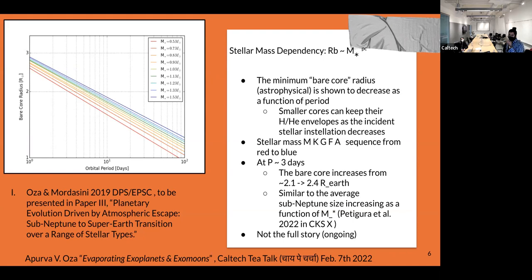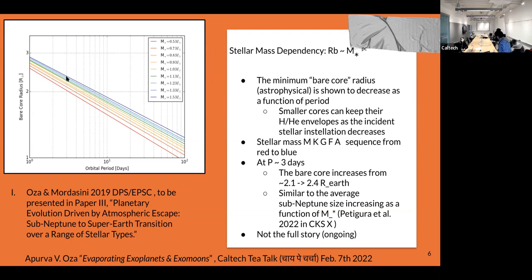So the point here is that the smaller cores can keep their hydrogen-helium envelopes as the stellar insolation decreases. So we can see a downwards trend this way. And if we focus just on 3 days here, we can see that the bare core increases from about 2.1 all the way to about 2.5, 2.4 Earth radii.